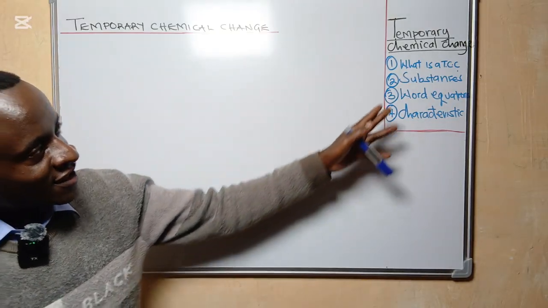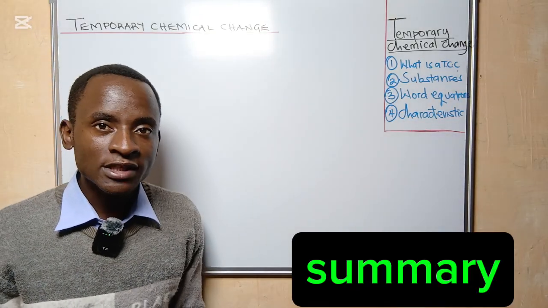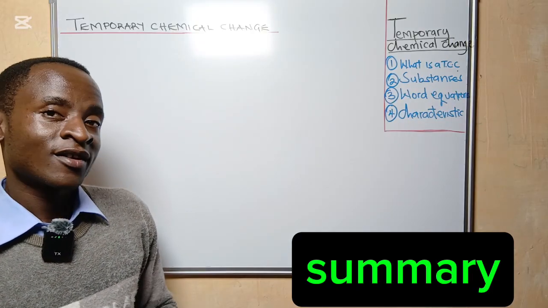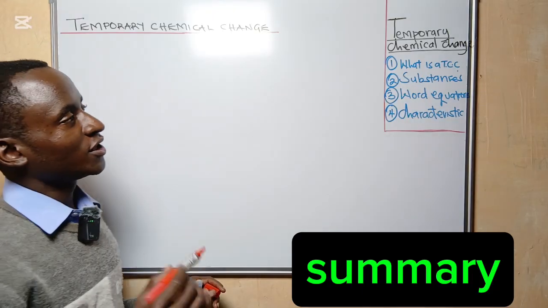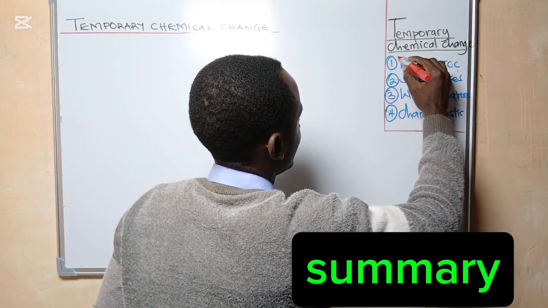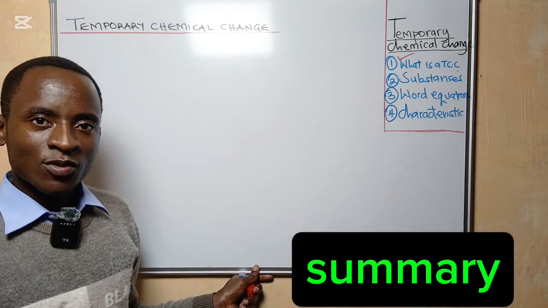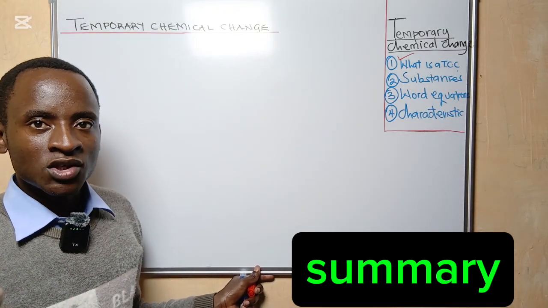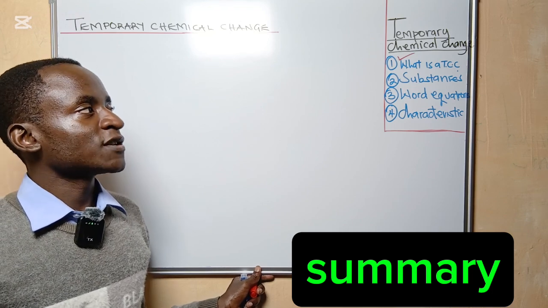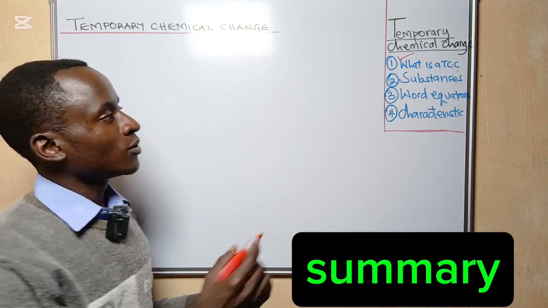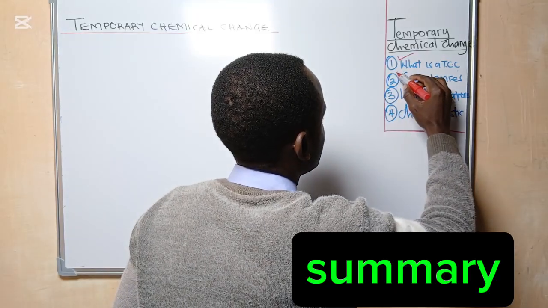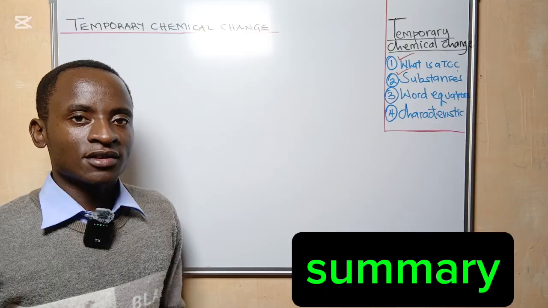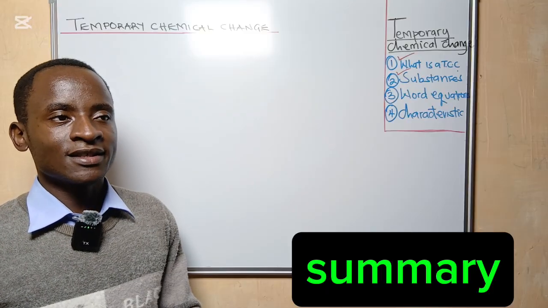Now, just a summary of what we are going to discuss today. The first one, we need to understand what a temporary chemical change is. After that, we will look at the substances which we can use to demonstrate a temporary chemical change.